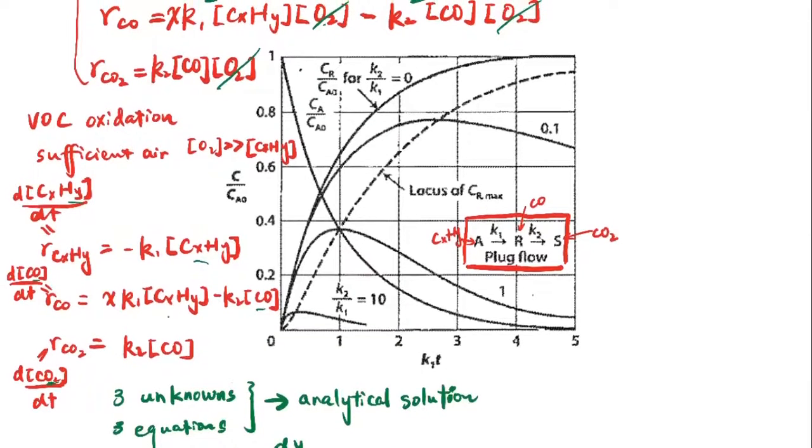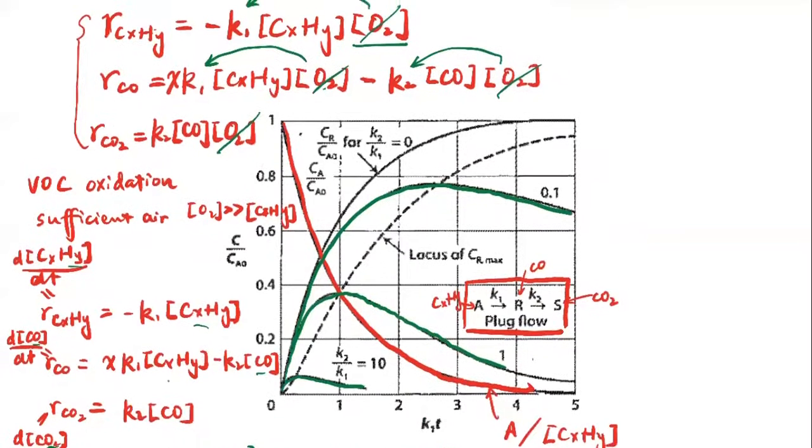As we mentioned, the hydrocarbon concentration is going to decrease exponentially. This is the A species, or the hydrocarbon. It's always going to decrease. And in terms of R, it's going to take a shape that looks like this. It's going to first increase and then decrease.